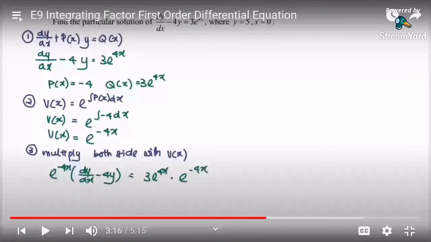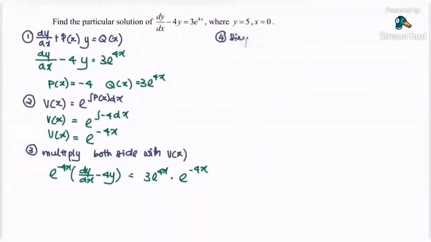Step number 4, simplify. And we will have d dx multiply with e negative 4x multiplied with y equals to 3.